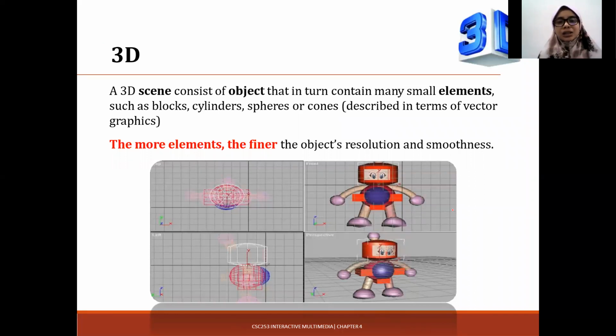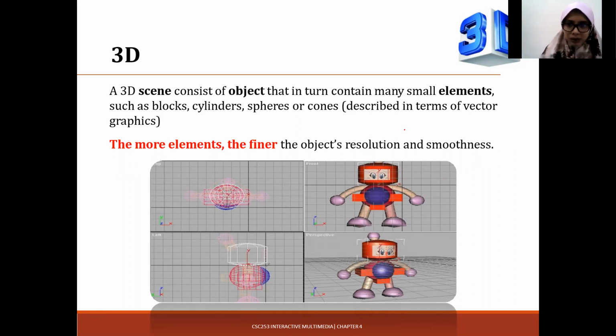Okay, 3D. So 3D scene consists of object that in turn contain many small elements. So this small element refer to block, cylinder, circle, sphere, for example. Okay. The more element, the finer the object's resolution and smoothness. That means if you want to create, contohnya tangan.